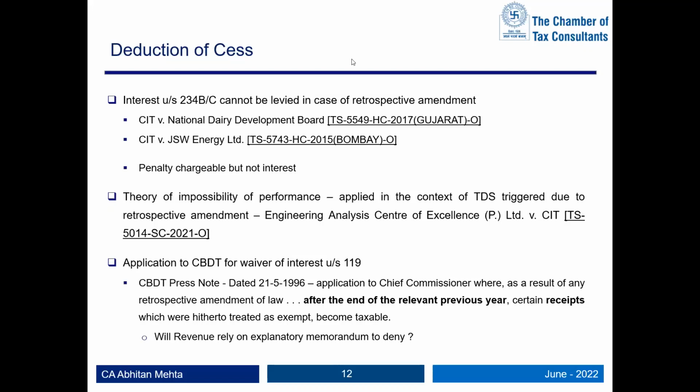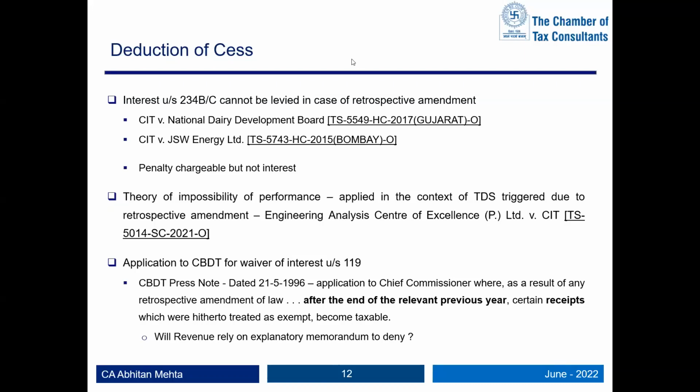In the notification also, I think retrospective amendment is covered. There are two notifications. So yes, there is a 119 notification, which is the last point. But the problem is the notification reads that it should be after the end of the relevant previous year. For the last year, the Finance Act was enacted sometime in the last week of March, so it is not after the end of the relevant previous year.